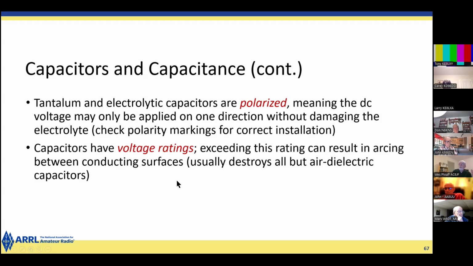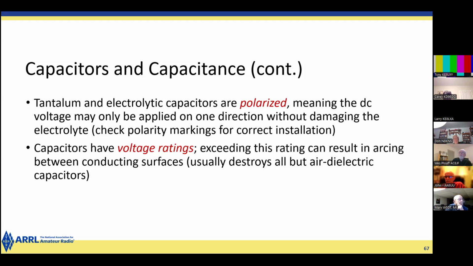If a capacitor with an air dielectric arcs over, you can see the burn where the spark crossed over. Air dielectric capacitors, which are basically just metal plates, can stand a little bit of abuse, certainly more than the smaller ones with solid or liquid dielectric.